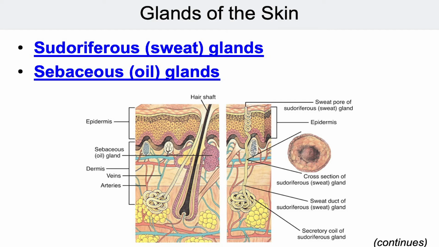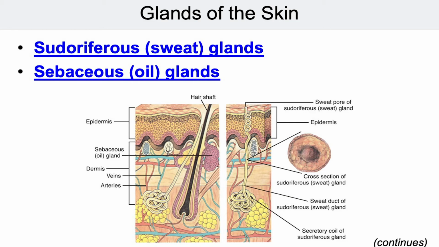Practically all parts of the body are supplied with these glands, which are more numerous on the palms of the hands, the soles of the feet, the forehead, and the underarms. Regulating your body temperature and helping eliminate waste products from your body is also part of this.